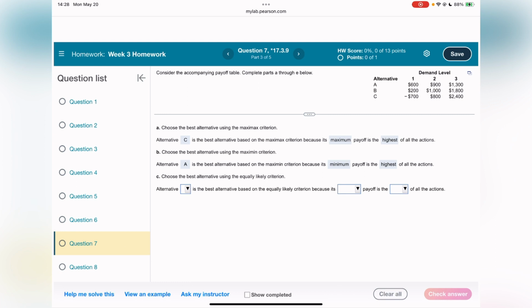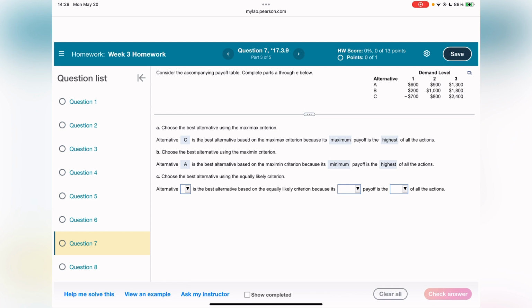So at this point, I'm going to get the averages. I would like to do it in an Excel spreadsheet, but not on the iPad, so I'm going to do it by hand. If you remember, in Excel you just open the average formula, then highlight alternative A, 600, 900, 1300, then alternative B, and so on, and get the average.